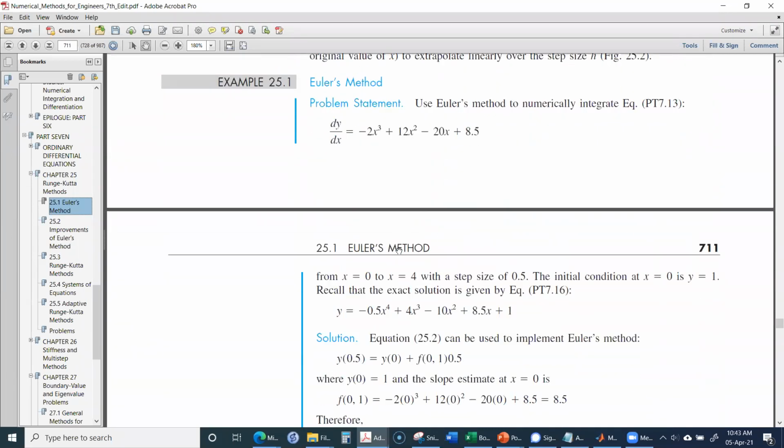So let's apply this formula, the Euler's method. In this problem, we take a differential equation, dy over dx is equal to minus 2x cubed plus 12x square minus 20x plus 8.5.